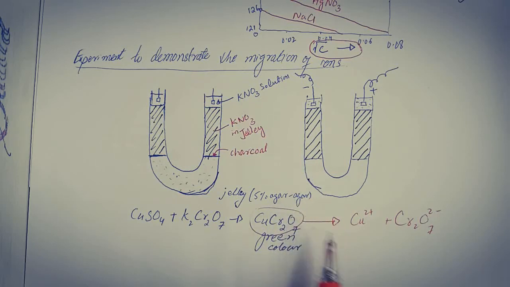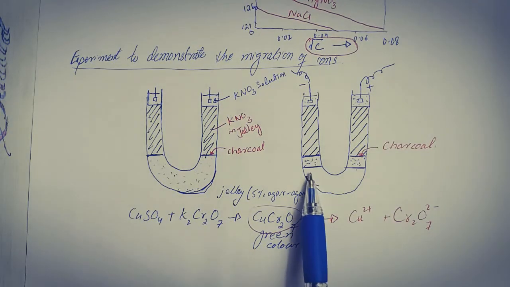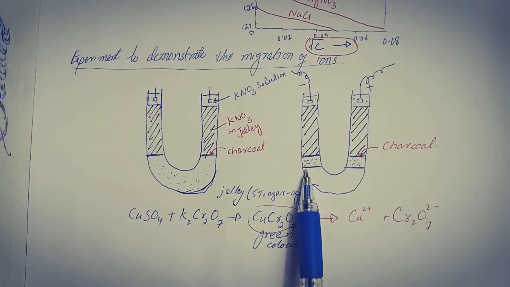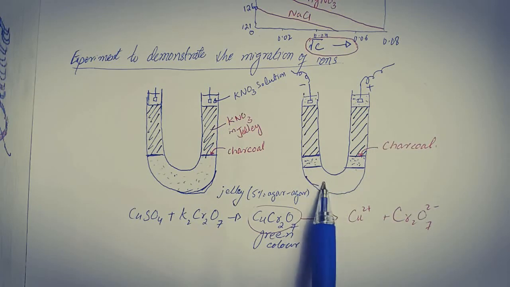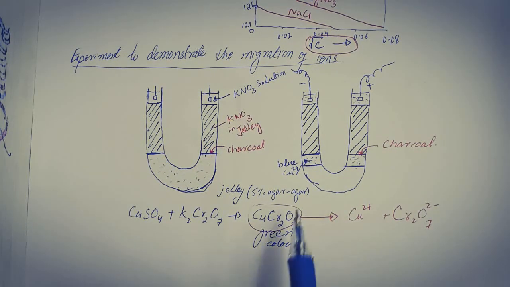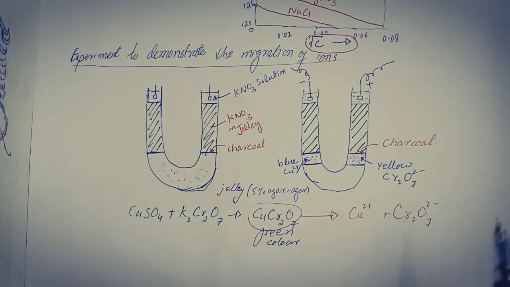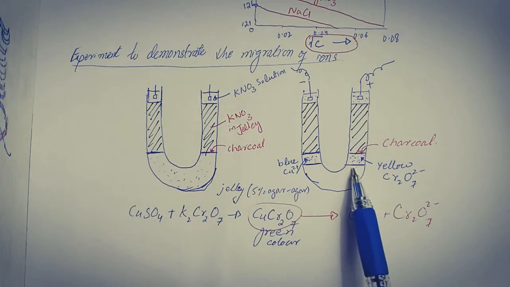At the same time, yellow colored chromate ions move towards the positive electrode, and we get two well defined new boundaries that are defined by the plain agar-agar jelly and the blue copper ions, as well as the yellow dichromate ions, and this boundary was already marked with charcoal.